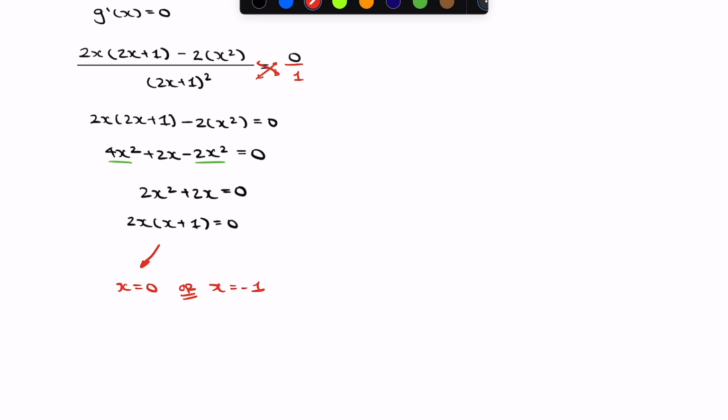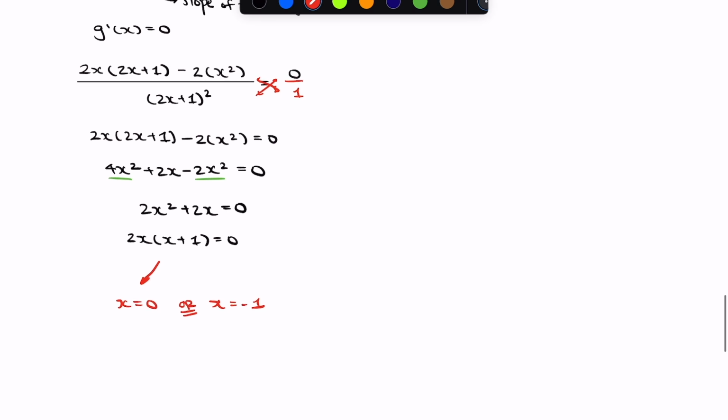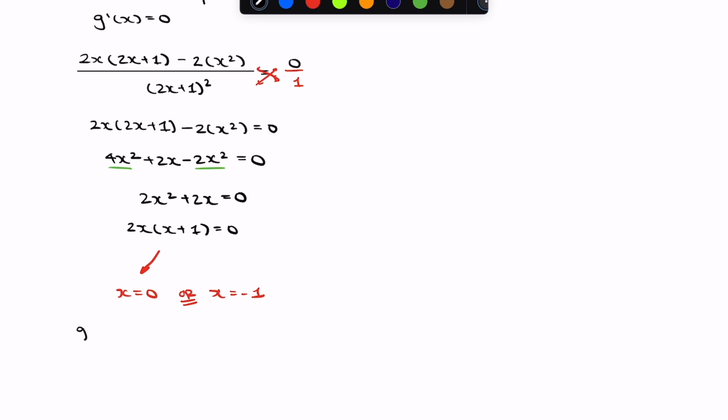So then to find the corresponding y values, here we're going to sub it into the original equation. So again, g of 0 is equal to 0 over 2 times 0 plus 1. And so when x is equal to 0, y is also equal to 0.